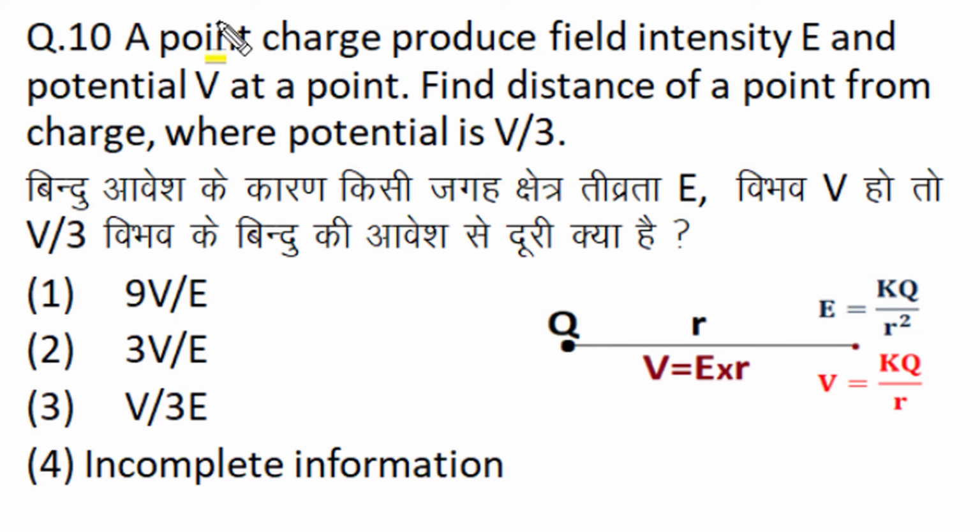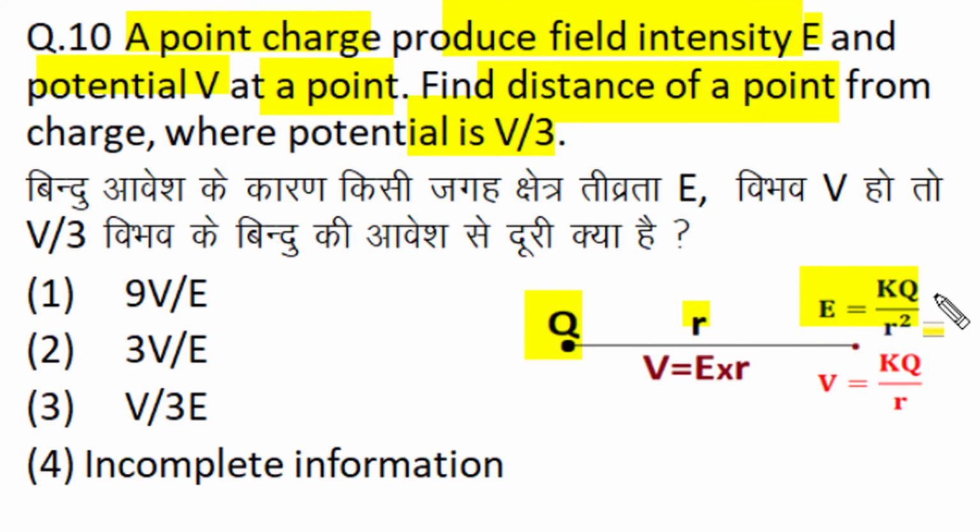We are given a point charge that produces electric field intensity capital E and potential capital V at any observation position. Now we have to find the distance of that observation position from the source charge, where the potential is 1/3 of the previous potential, that is V by 3. So from a point source charge capital Q at a distance r, electric field intensity is given by kq over r square and potential is given by kq by r.